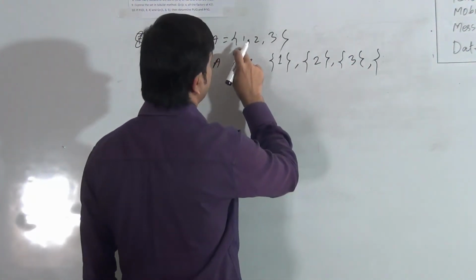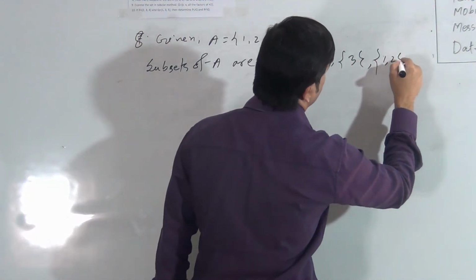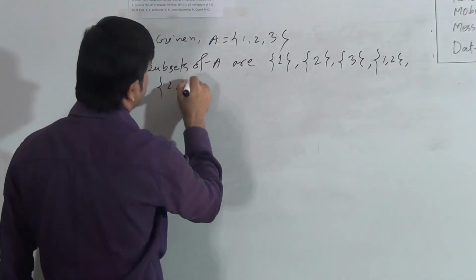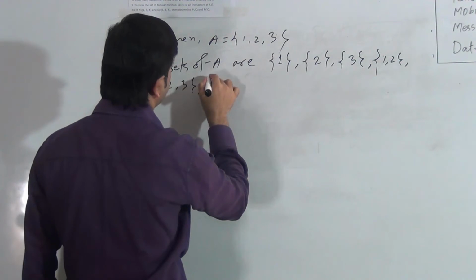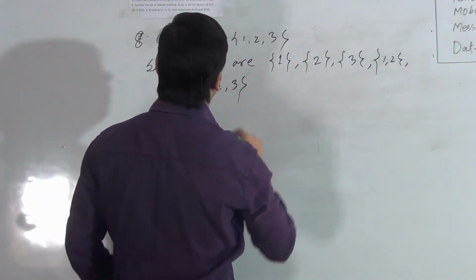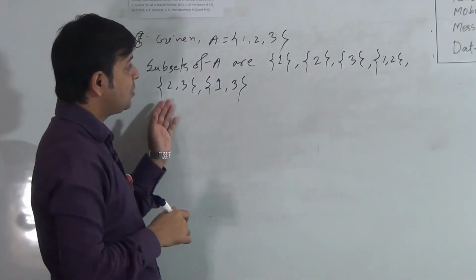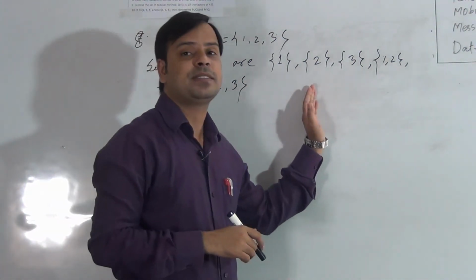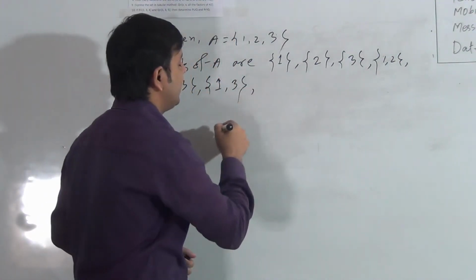Now taking 2 elements: {1, 2}, {2, 3}, and {1, 3}. So taking 2 elements, we will get 3 sets, and taking one element, we will get 3 sets. Now 6 subsets we obtained.